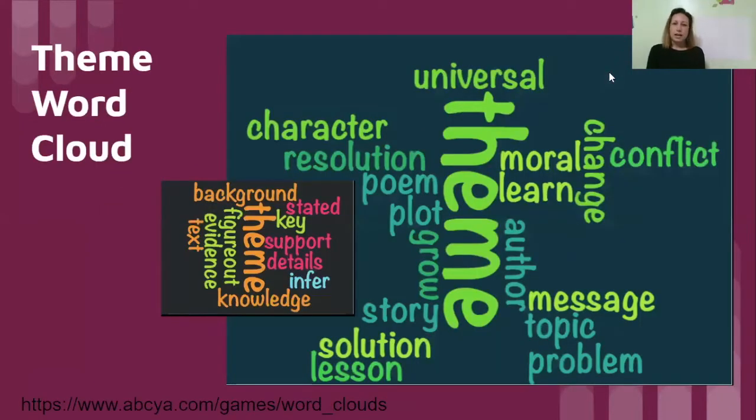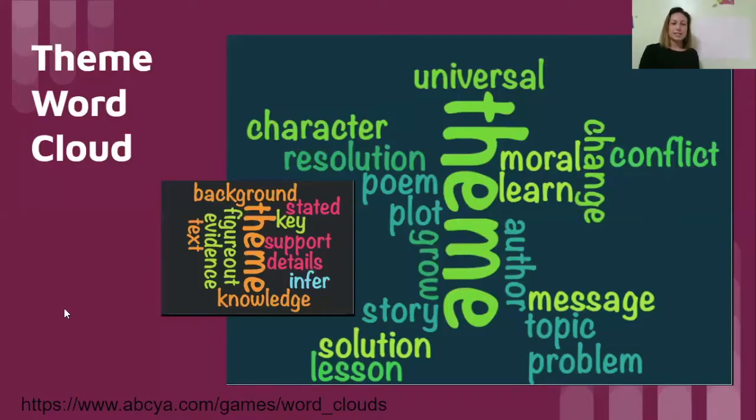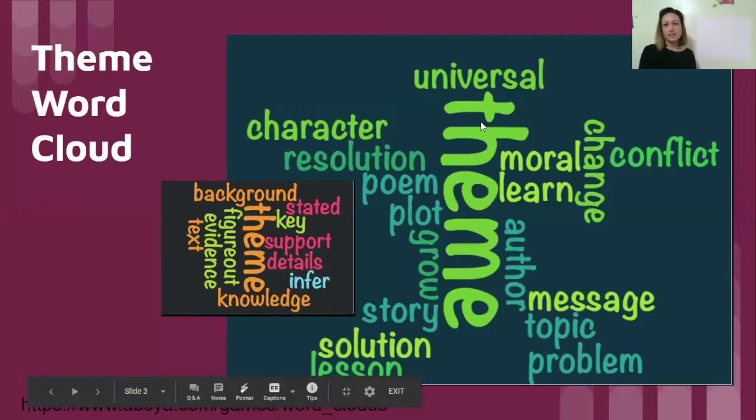So I went ahead and created a theme word cloud with all the words we have discussed about theme this week. I went to abcya.com and made a word cloud. So you can see I put in theme. It is universal.